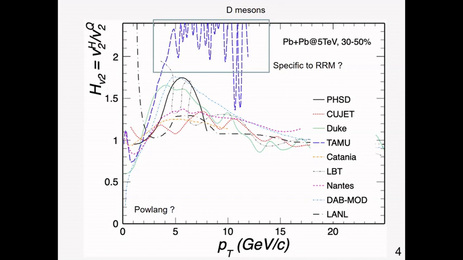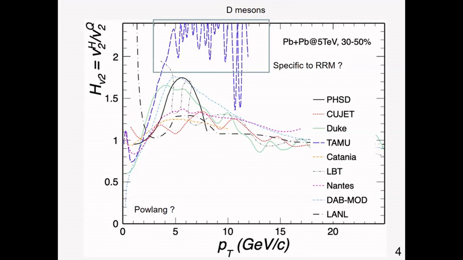No, I mean, if you include the highly excited states, then because they are more massive, they are more subject to the flow push. So anyway, their spectrum from recombination becomes harder than the ground state D-meson. And finally, this will harden the spectrum of the total D-meson.